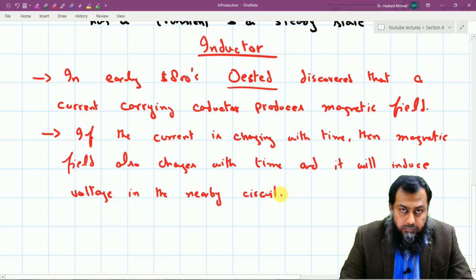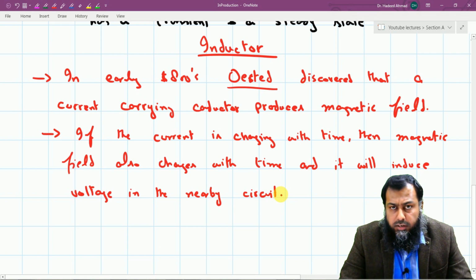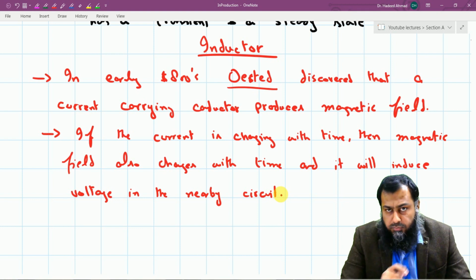So the voltage that is produced is because of the time rate of change of the current that is flowing through that conductor, which is producing that magnetic field.